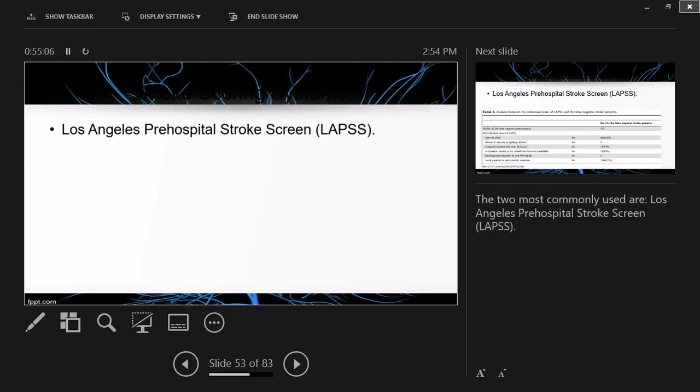There are two primary types of stroke screening tools that are utilized. They're both named for cities. One is called the Los Angeles Pre-Hospital Stroke Screening, and the other is called the Cincinnati. The Cincinnati Pre-Hospital Stroke Scale is the more common of the two, all right?